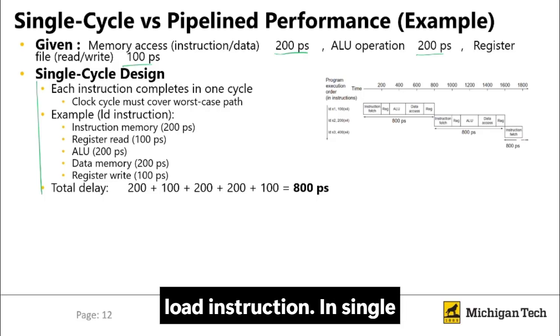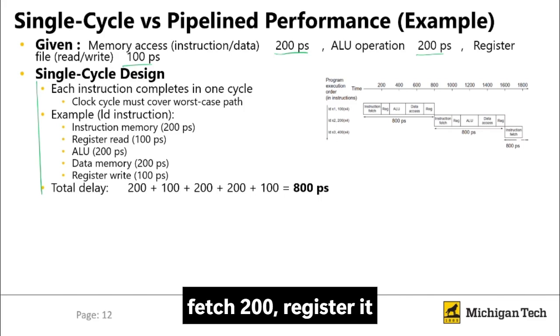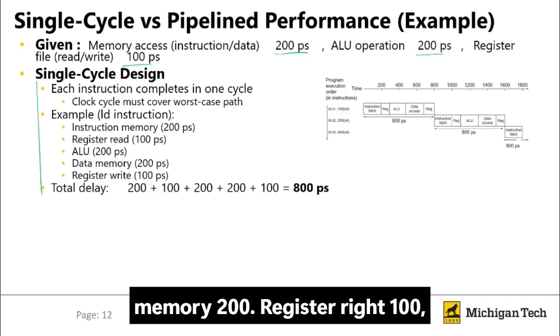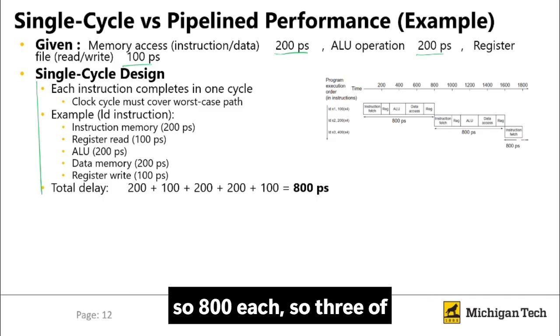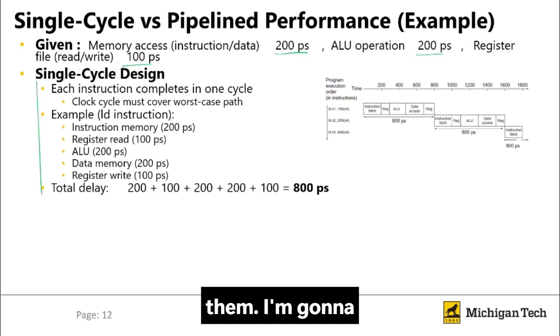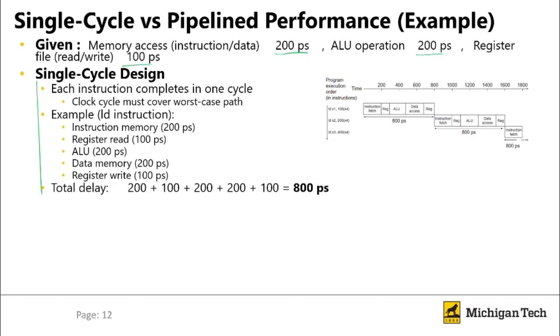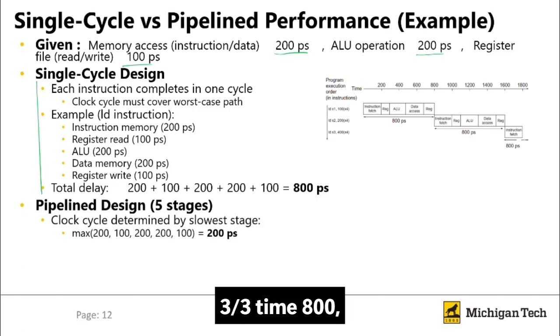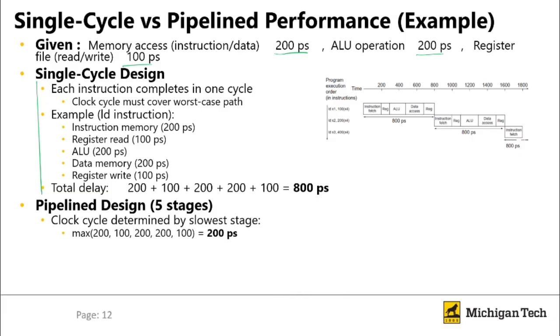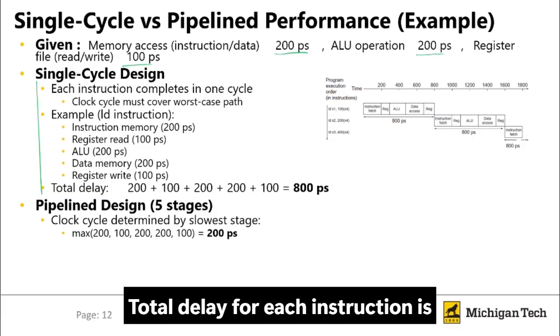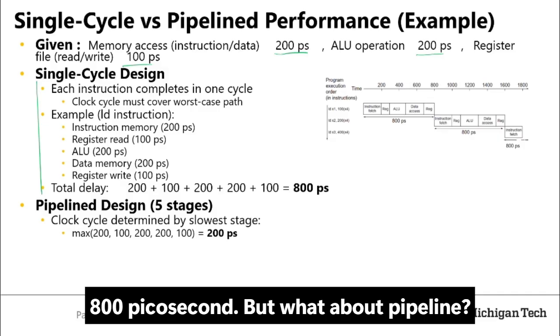We need instruction fetch 200, register read 100, ALU 200, data memory 200, and register write 100. So 800 each, and the total delay for each instruction is 800 picoseconds.